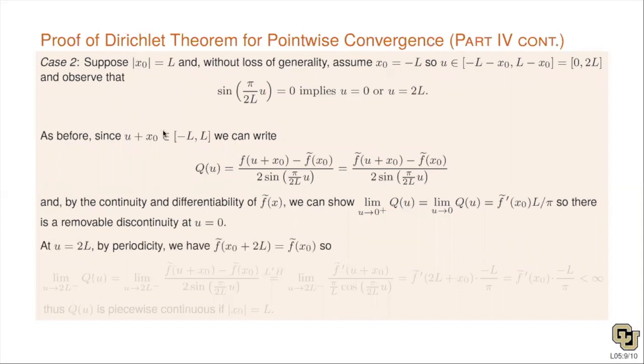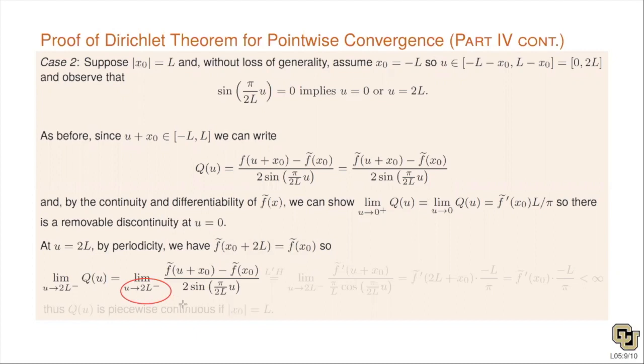Finally, last but not least, at 2L. You have to remember there's periodicity kicking in here. When I take this limit going to 2L, keep in mind that f tilde of x naught plus 2L, this being a 2L periodic function, will have the same y value as f tilde of x naught. So how does that come into play? It's so that we can use L'Hopital's rule. I'm sending the limit from the left because it's at an endpoint.